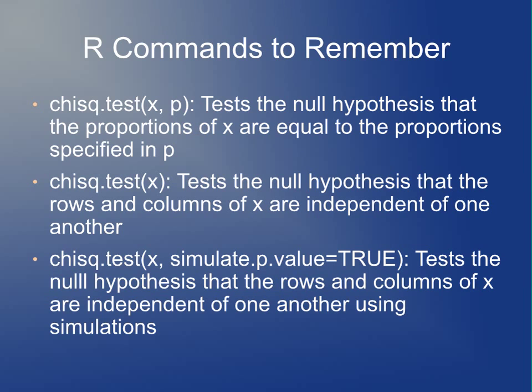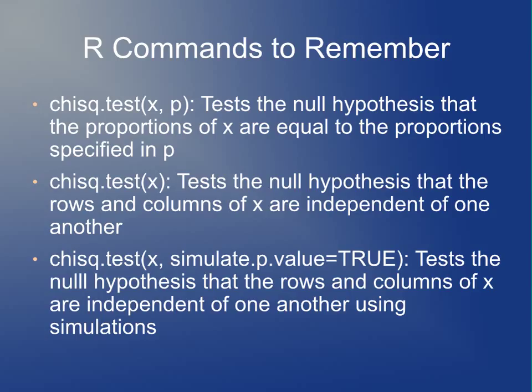The R commands to remember today would be chi-square.test. If you give it a list of counts and a list of probabilities, it'll test the null hypothesis that the counts have the proportions specified in the probabilities. If you just give it a matrix, then it'll test the null hypothesis that the rows and columns are independent.